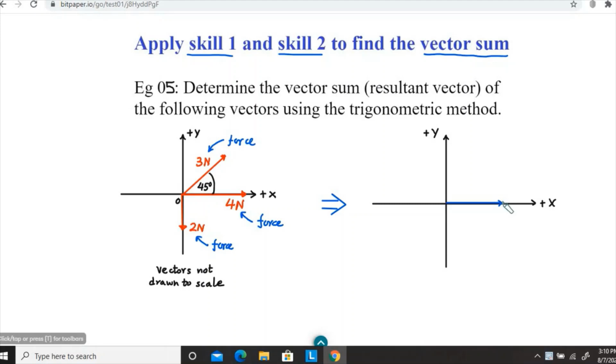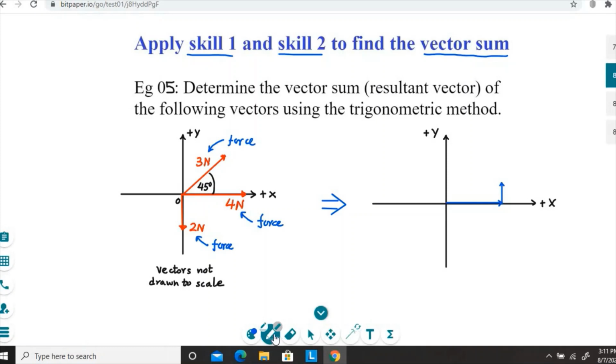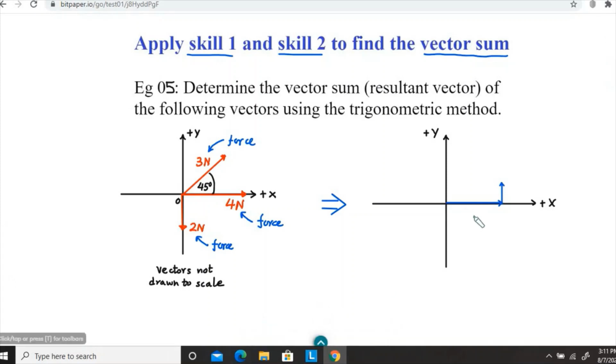So the Ry vector will start here, pointing upward like that. Let me label those vectors now. This is the Rx vector, and this would be my Ry vector, and the size and direction of the resultant vector is given by connecting the free ends of the Rx vector and the Ry vector like that.